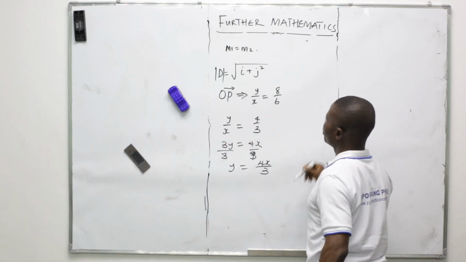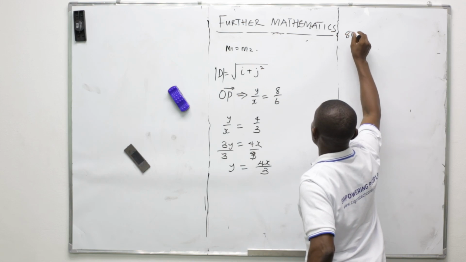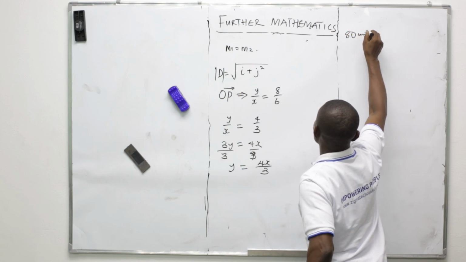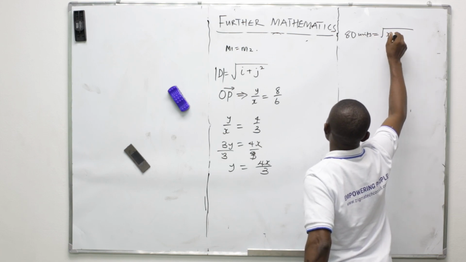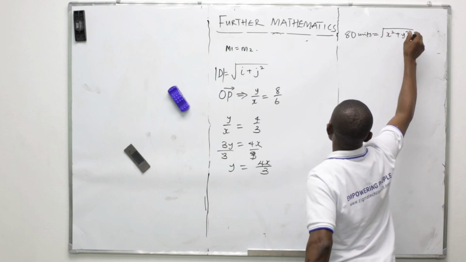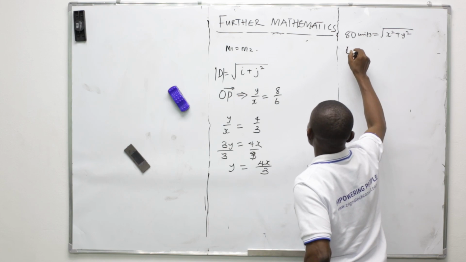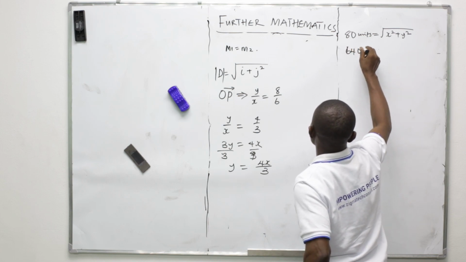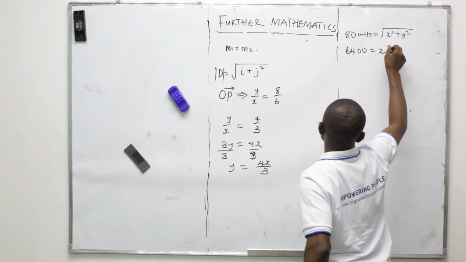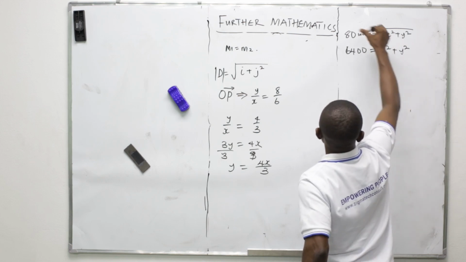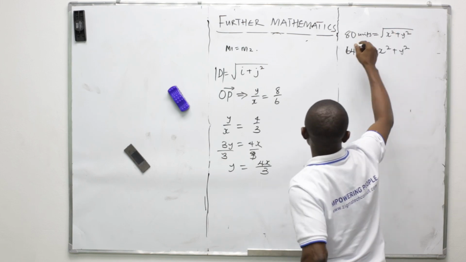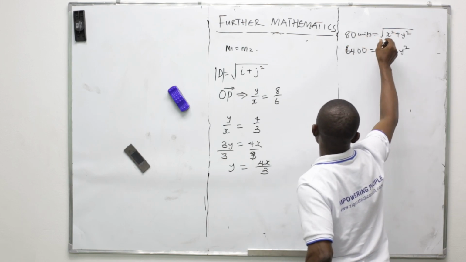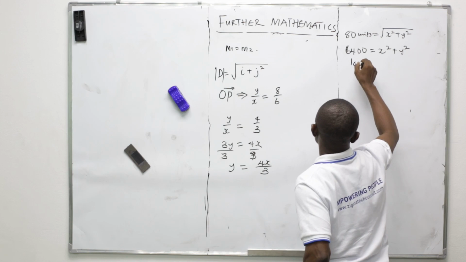When we do, distance is 80 units. This equals x squared plus y squared. So 6,400 equals x squared plus y squared. When we take the square of both sides.